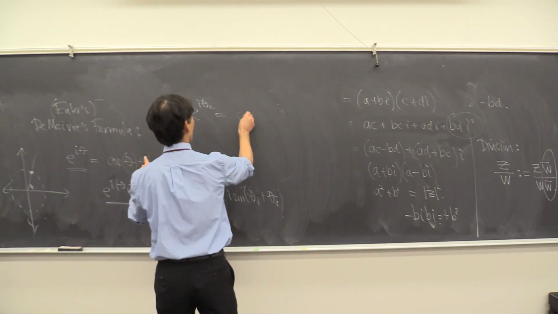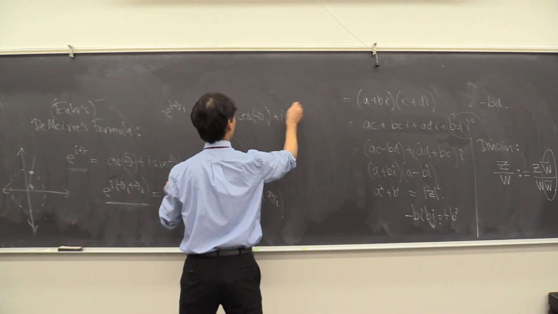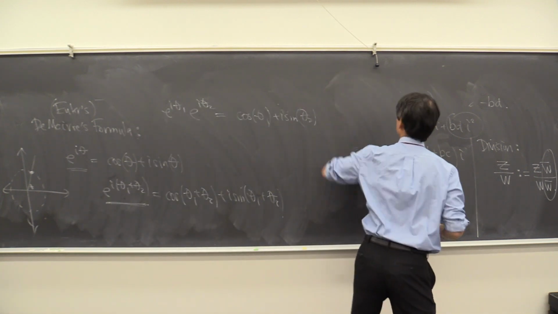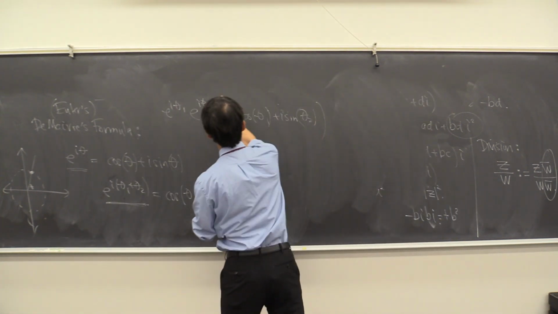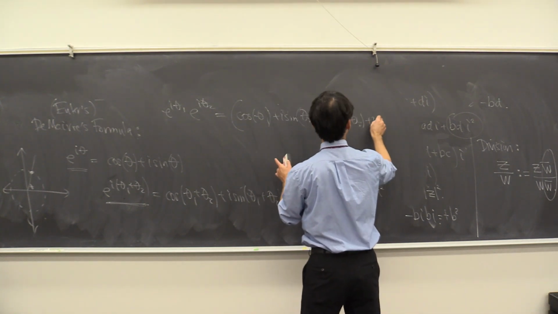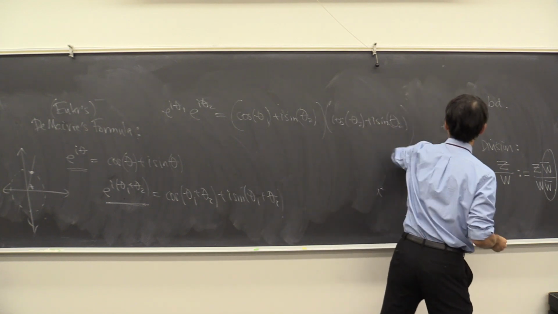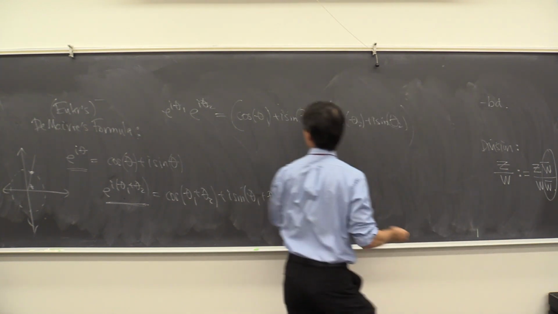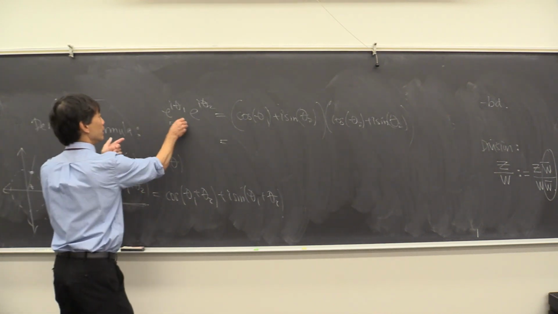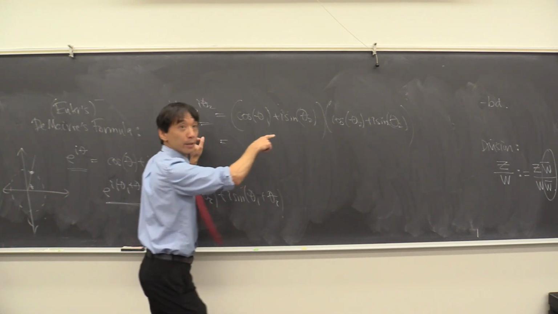That's going to be cosine theta 1 plus i sine theta 1, times cosine theta 2 plus i sine theta 2. I'm just using de Moivre's formula. This is this, and this is that.